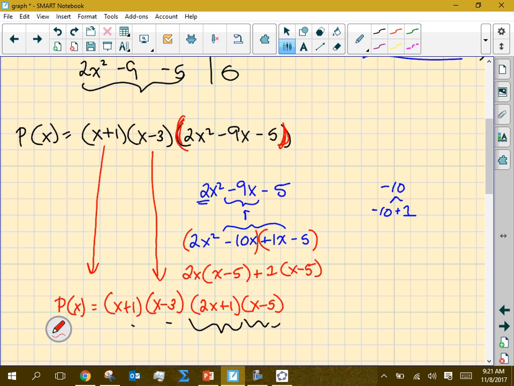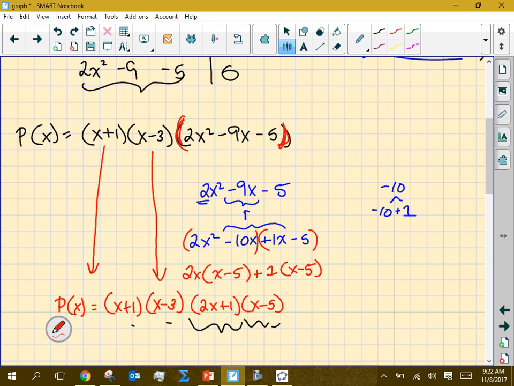Okay? You also know, because it was x to the 4th, you have the potential of having 3 turning points. Take 4 minus 1. Your n value, your largest exponent, minus 1, tells you the maximum number of extreme values you can have. So you can have a maximum of 3 maximums and minimums.